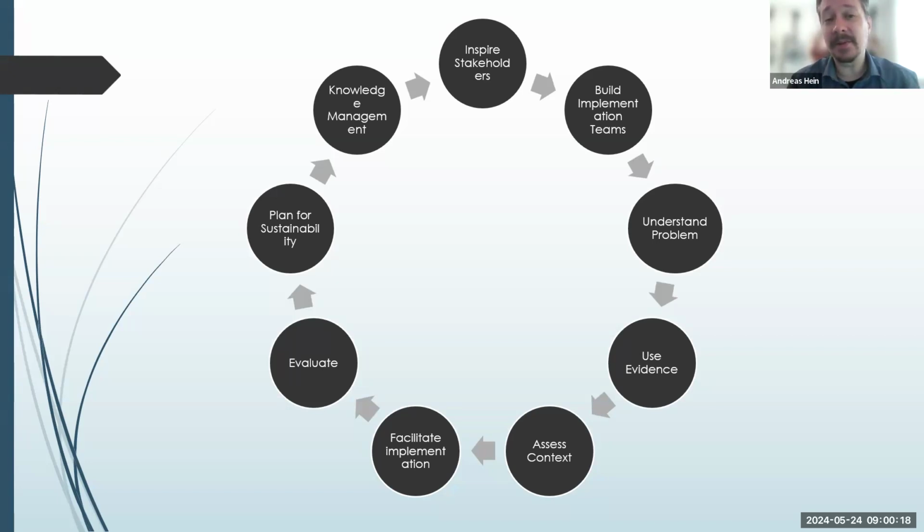For example, inspiring stakeholders, building implementation teams, having the ability to understand the problems in terms of quantitative data and qualitative data, and to be able to understand what kind of problem it has and act upon it. It's also a key skill.